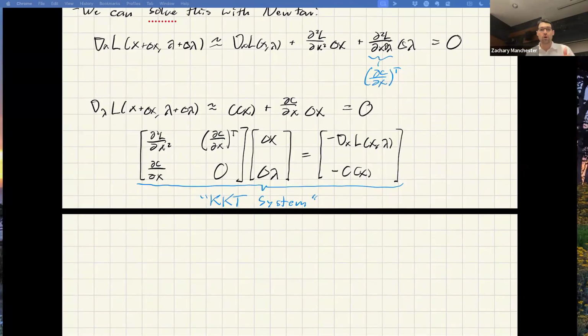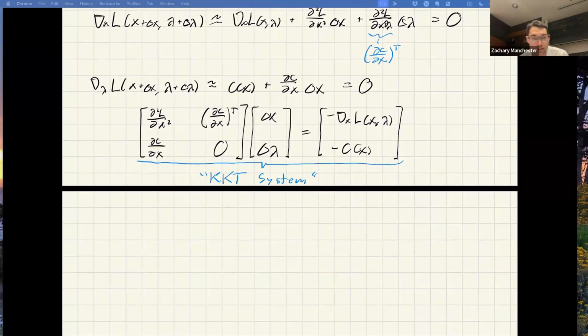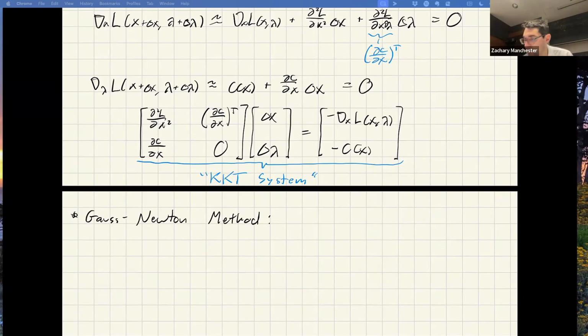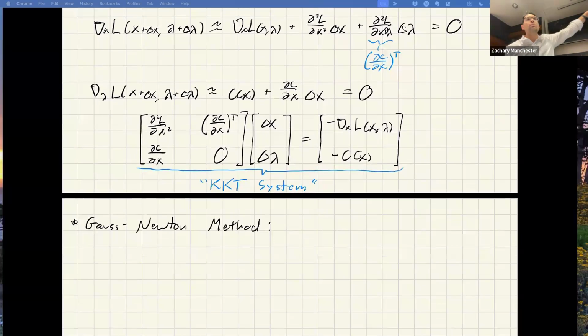All right, cool. So one more thing I want to tell you about before we go do this is the so-called Gauss-Newton method, which is one more little approximation that shows up a lot. I want to look at that top left block, that Hessian.